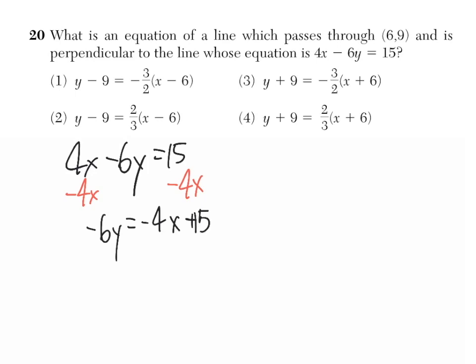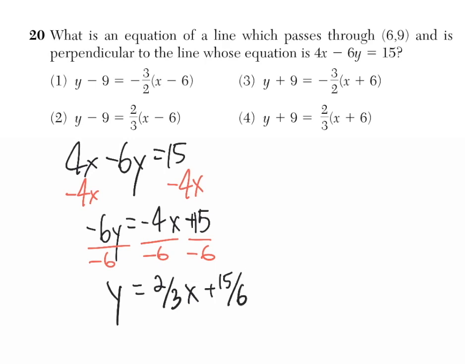Now what we need to do is divide both sides by negative 6, and y equals 2/3 x, right? It's 4/6 x, but we can simplify that to 2/3 x plus 15/6. What's really critical here, once again, is the slope, and I can see that the slope, in this case, is 2/3.